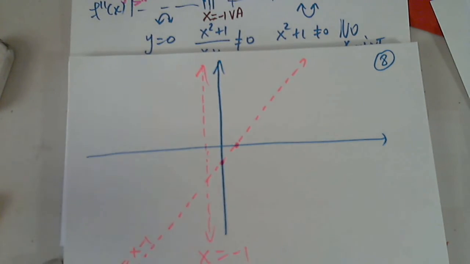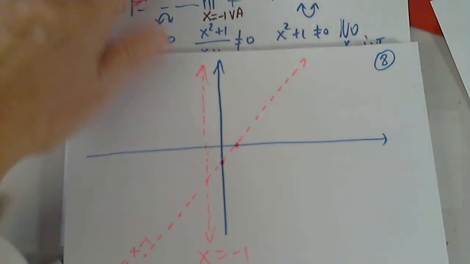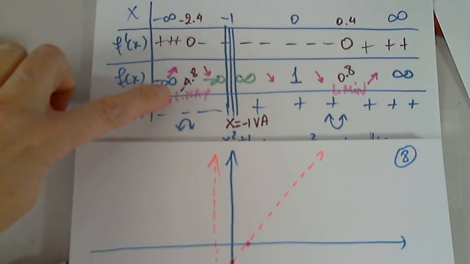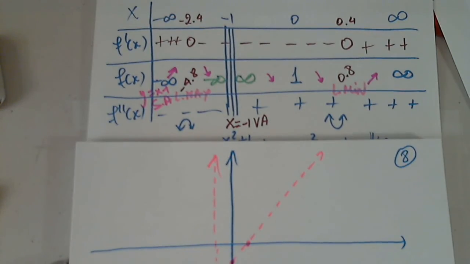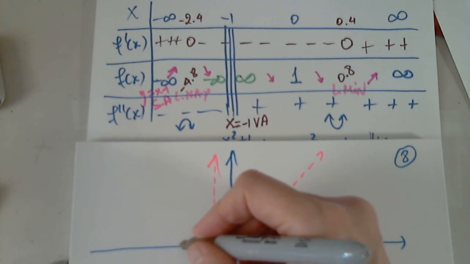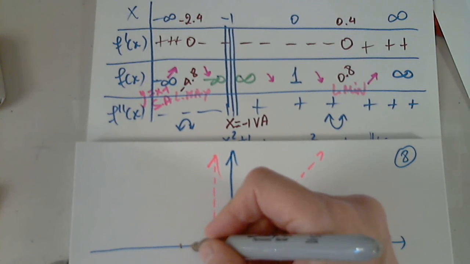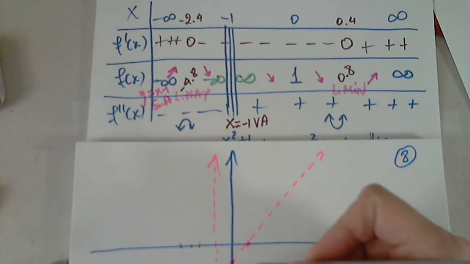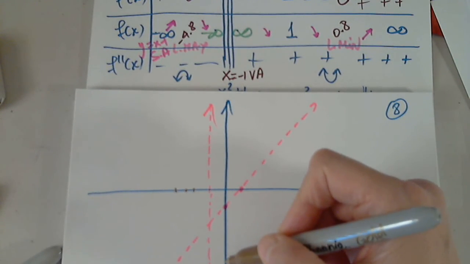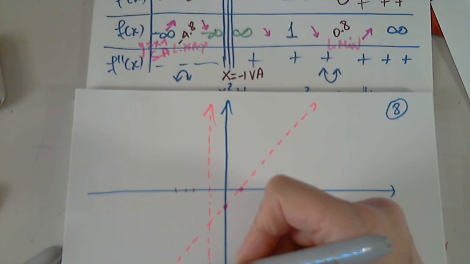Okay, that's done. So now I look at my table. It says -2.4, -4.8. You will have to trust me that this is -4.8.